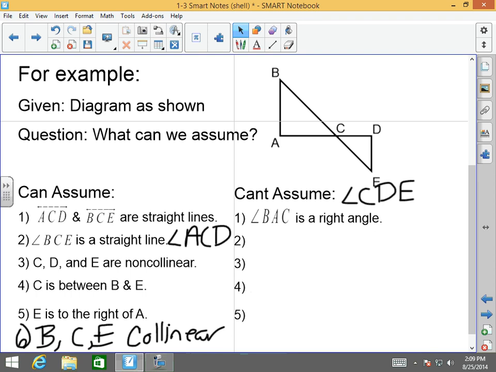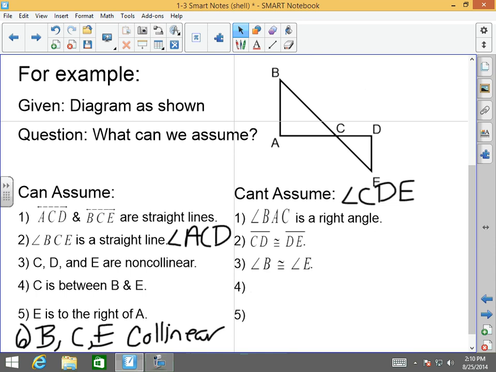We cannot assume that B is an acute angle. And for that intents and purposes, you cannot assume that angle B is congruent to angle E. Although it looks very similar, you cannot assume that CD is congruent to DE.